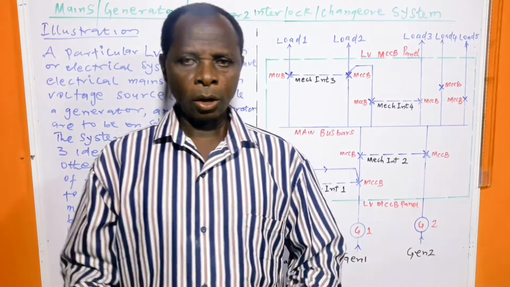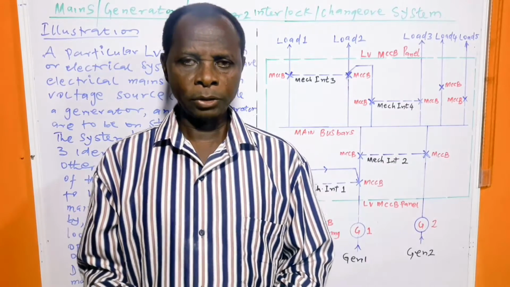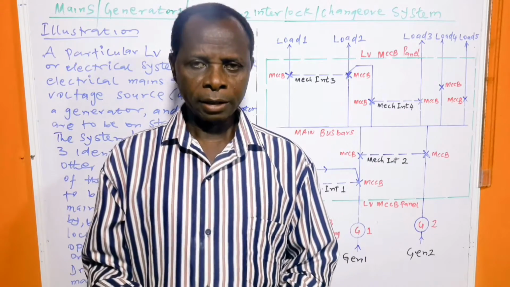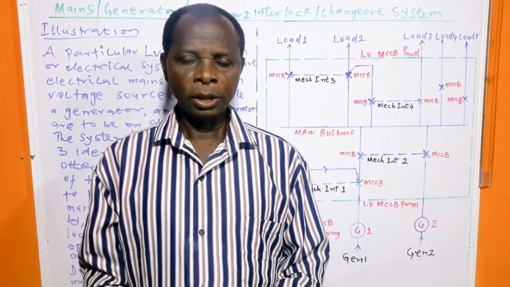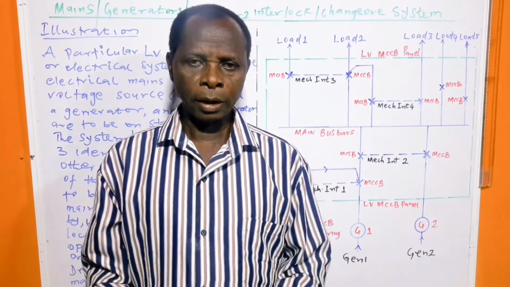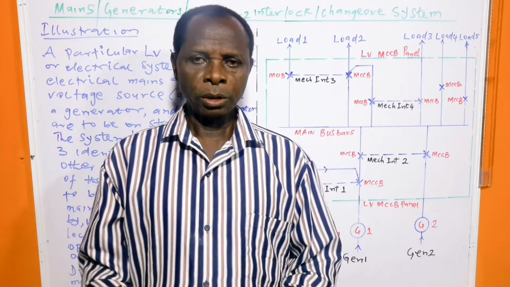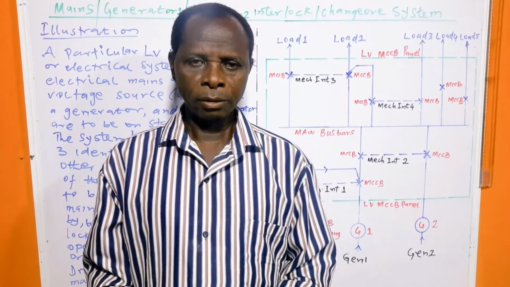Any disconnection or connection that needs to take place just before a particular operation can be effected is what I call operational disconnection or connection. In this situation, it is going to be purely through the use of mechanical interlocks.